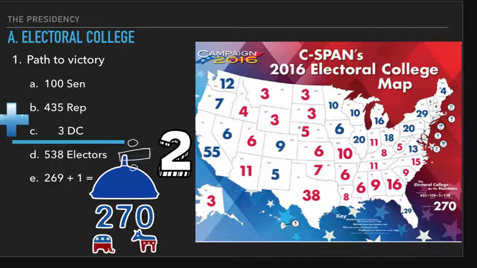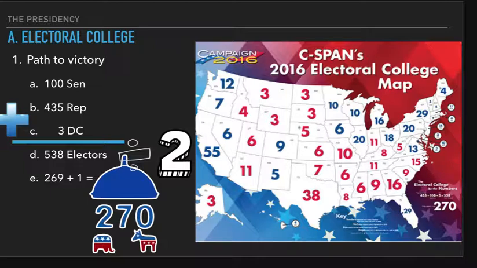So that means you get 270, the other person could get 268. If it were to come down that close, that would be the closest possible without a tie. So that's the magic number to win the White House, 270 electoral votes.